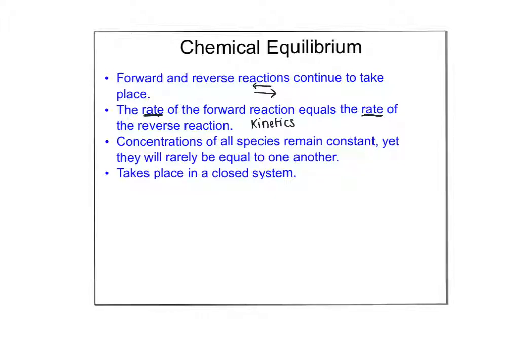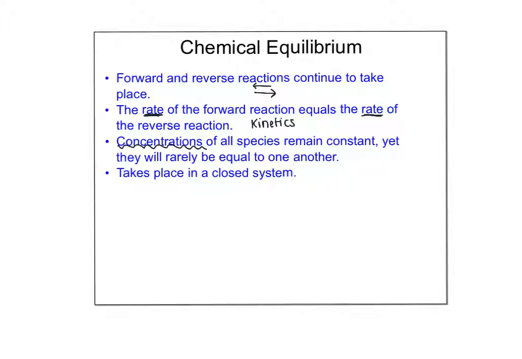If you're looking at a reaction at equilibrium, you might not notice anything. It probably looks like it's doing nothing. The reason is because the concentration of all the species, reactants and products, will be constant. I don't mean that the reactants equal the products.